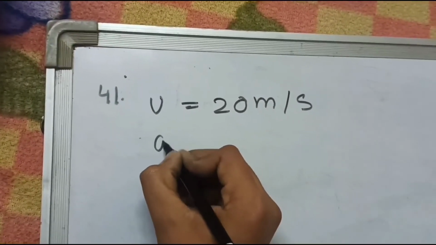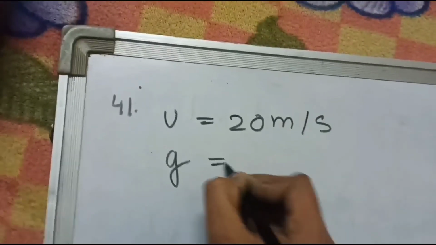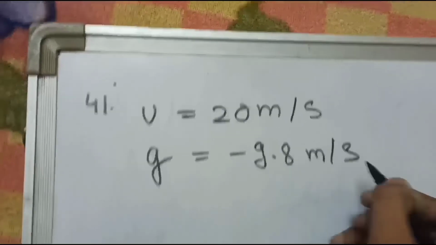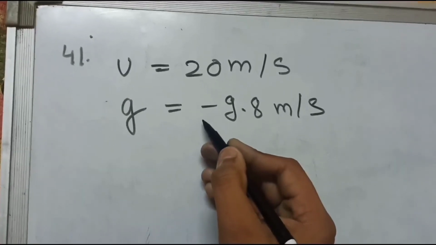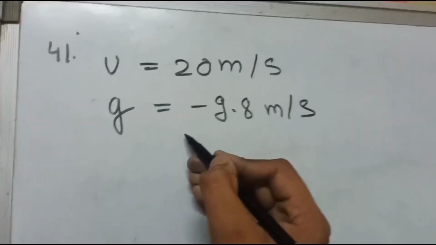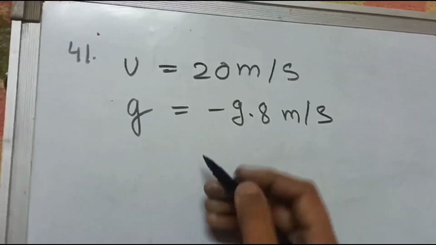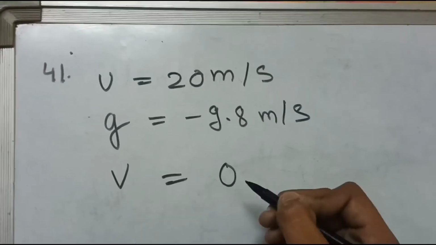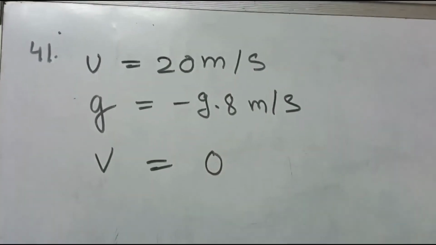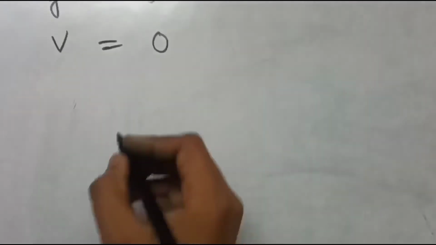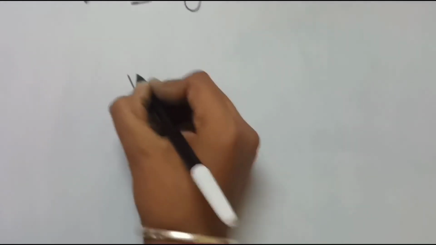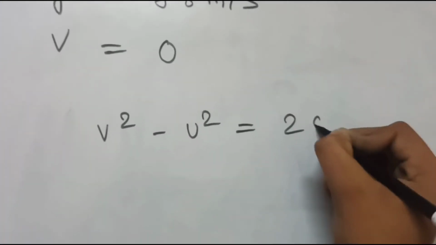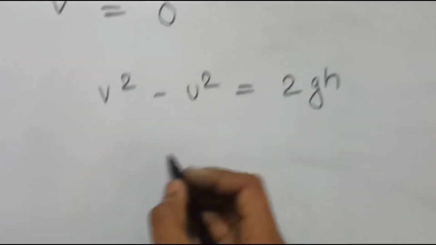We know the g, it will be minus 9.8 meter per second square, minus again because it's going upward, so it's moving against the gravitational force. And then we know the v, it will be 0 because it will go to the highest point and stop. So we are going to use the equation v square minus u square is equal to 2gh.